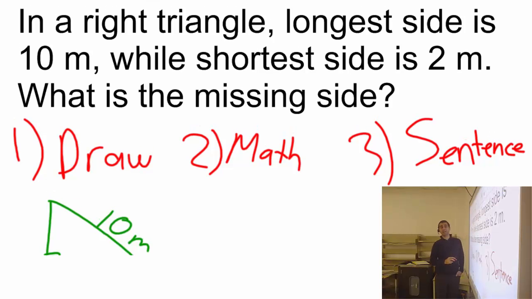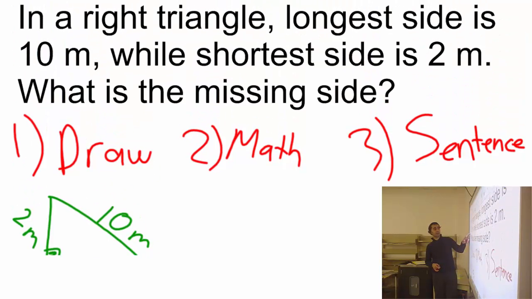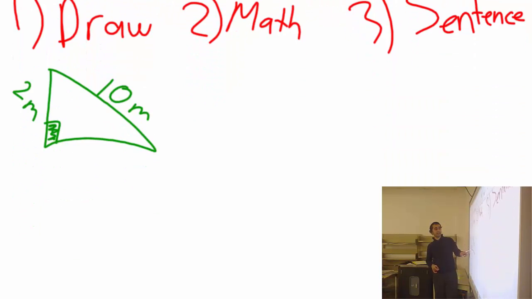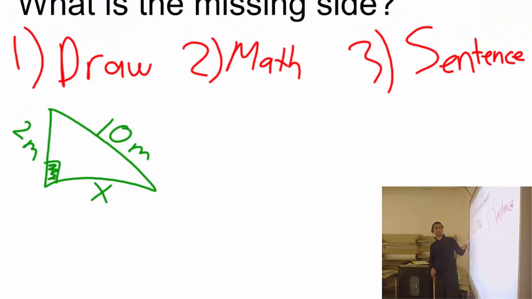While the shortest side is 2 meter. Looks like this one is the shortest to me. But you can do the other way around. AB never matters, remember. So what is the question? What is the missing side? X.